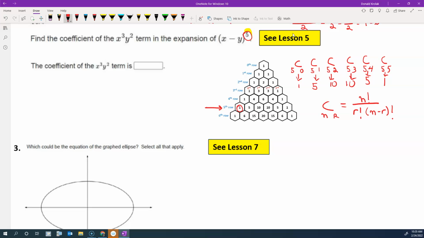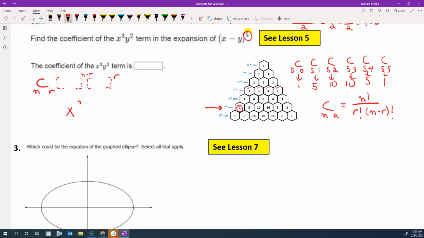Then the other thing we knew was that you can use the 3 and the 2.